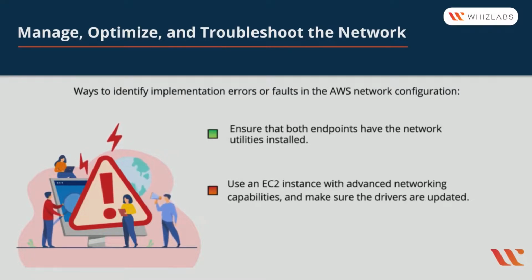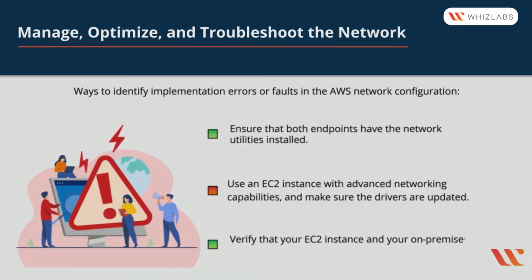When doing performance tests, enhanced networking enables increased I/O with minimal CPU load, which helps minimize instance level difficulties. Connect to your Linux instance and verify that your EC2 instance and your on-premises server are connected end to end.